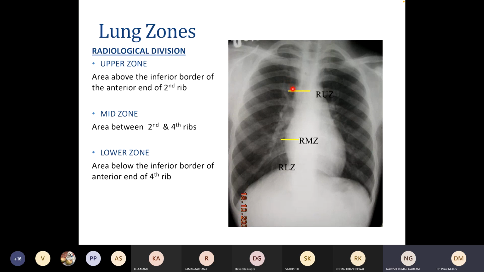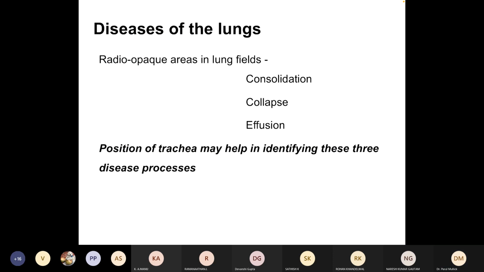Upper zone जो है लोअर बॉर्डर ऑफ सेकंड एंटीरियर रिब, ये फर्स्ट एंटीरियर है, ये सेकंड एंटीरियर यहाँ पे, ठीक है, और मिडिल जोन इसके बीच में, एंड लोअर बॉर्डर ऑफ फोर्थ एंटीरियर रिब के बीच में, ये मिडिल जोन, ये अपर जोन, ये मिड जोन, और इसके नीचे से आ गया हमारा राइट लोअर जोन.